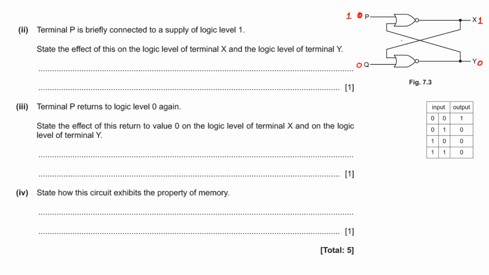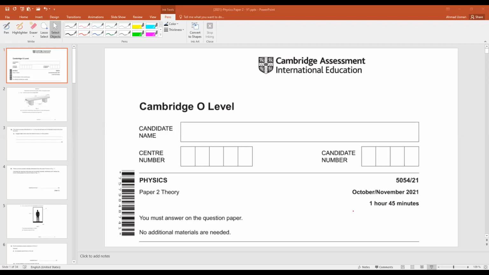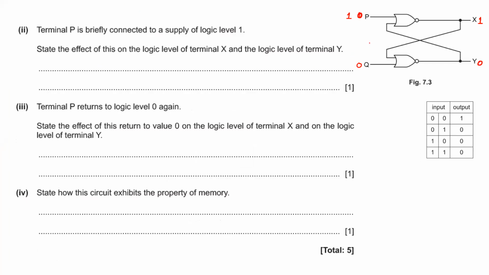The question asks about the effect of this logic level on terminal X and the logic level of terminal Y. If this is connected to 1 and the other input is 0, this is logic 0, this is logic 1, so the output will become logic 0.